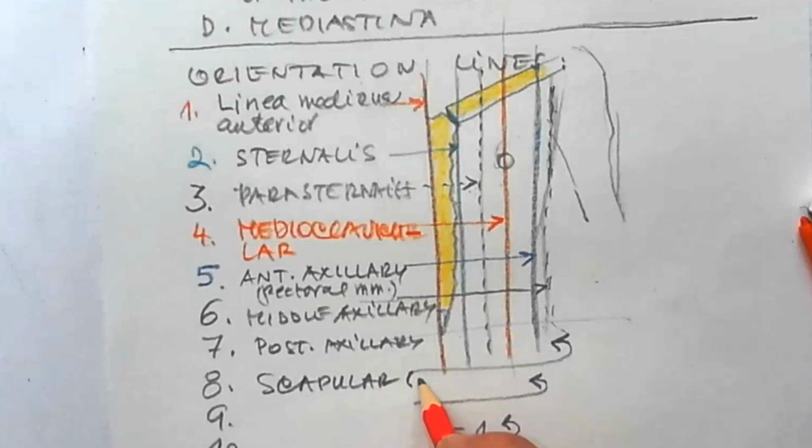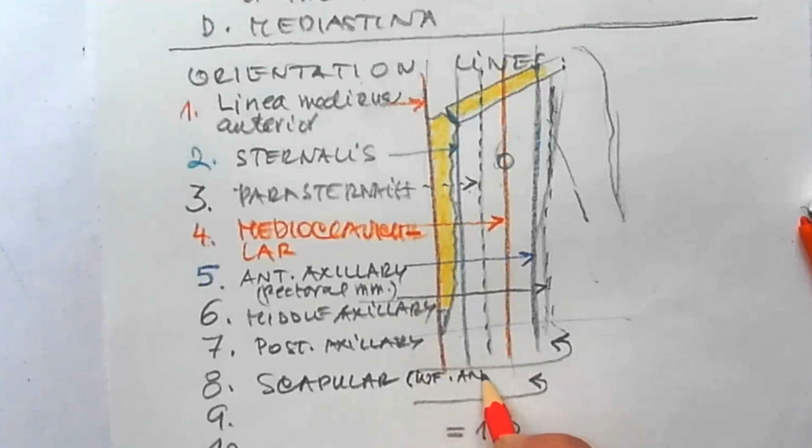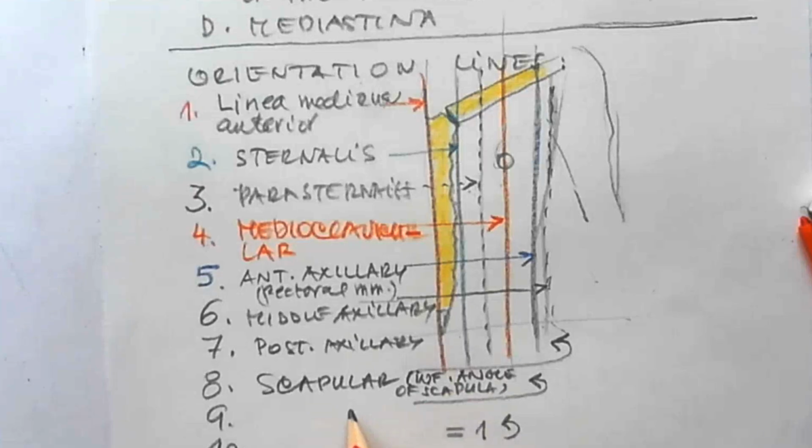angle. We can add the specification: inferior angle of scapula, passing through the inferior angle of scapula. Done. Number 9 is the paravertebral.